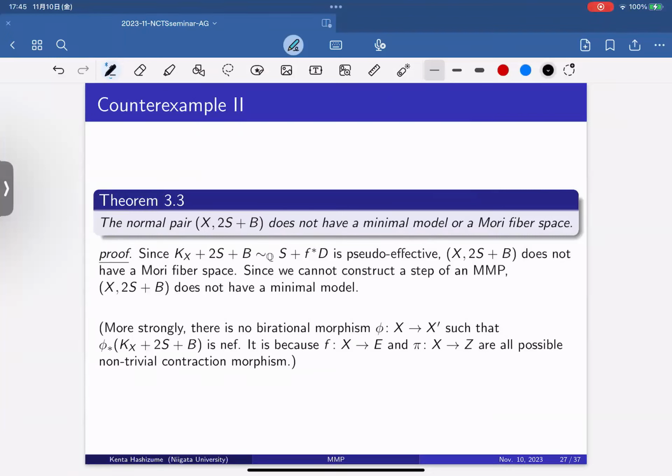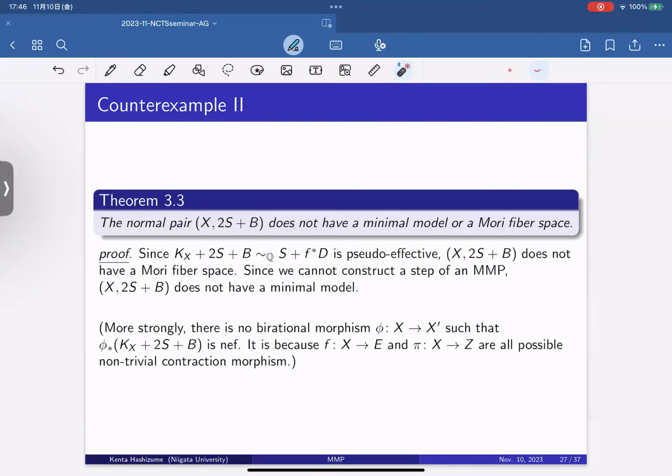Yeah, more strongly, we can prove that there is no birational morphism such that the pushforward of the divisor is nef. This is because f and pi are all the possible non-trivial contraction morphisms.